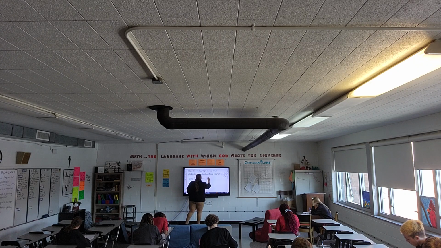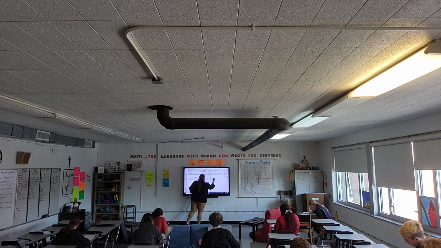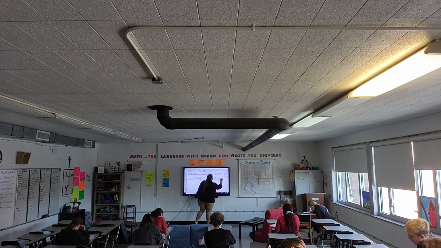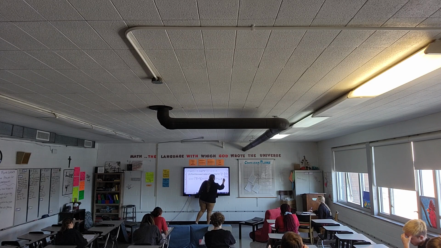So cosines stay together: cosine of u, which is 3 pi over 4, times cosine of v, which is pi over 3. I'm running out of room. Plus sine of u, which is 3 pi over 4, times sine of v, which is pi over 3.